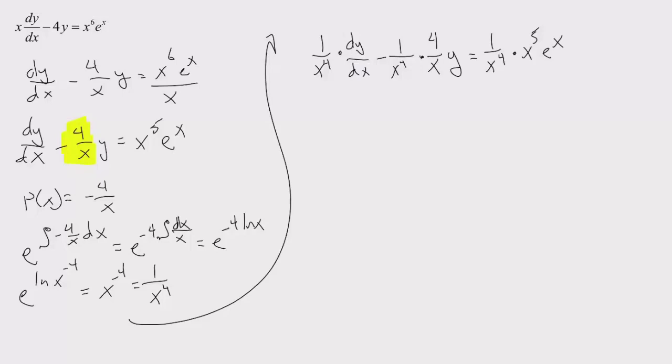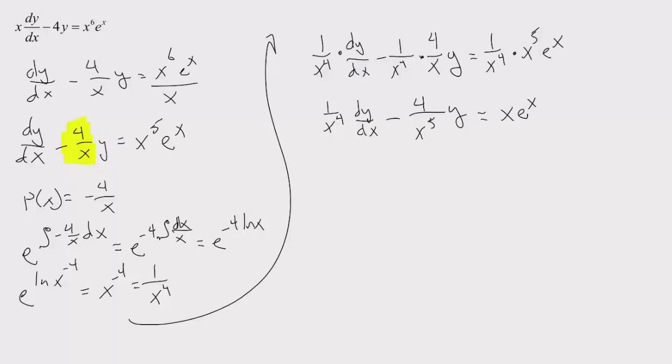Okay, let's do a little bit of cleanup as best we can. So 1 over x to the 4th dy dx minus 4 over x to the 5th times y equals x e to the x on that side.